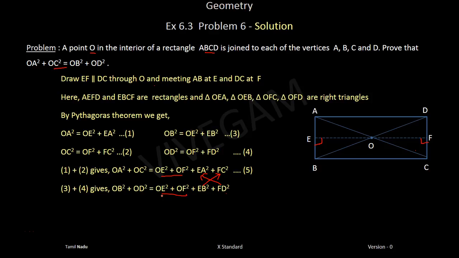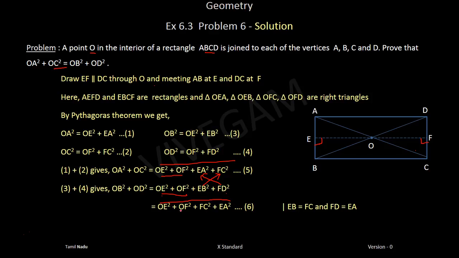Am I right? So this can be written as OE square plus OF square, and instead of EB square I'll write it as FC square, and instead of FD square I'll write it as EA square. That is equation 6. But now you compare equation 6 with the earlier one. The entire right hand side is equal: OE square plus OF square plus EA square plus FC square.